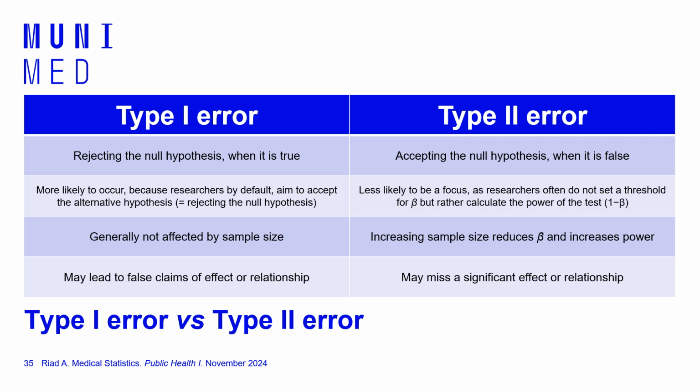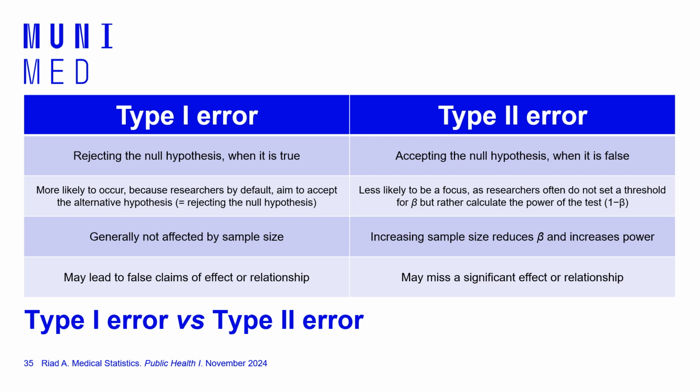You have to be careful with the 1 minus beta, which is power of test, because it will increase the number of people that need to be recruited for the trial, and this definitely is associated with increased costs. The type 1 error may lead to false claims, which is, as we called earlier, the false positive, because it can say that the drug is effective while it's not effective.